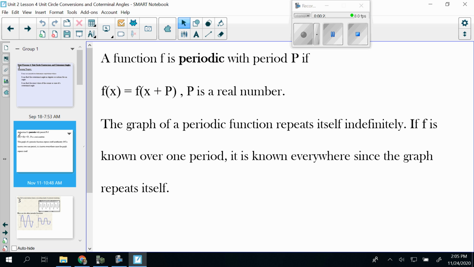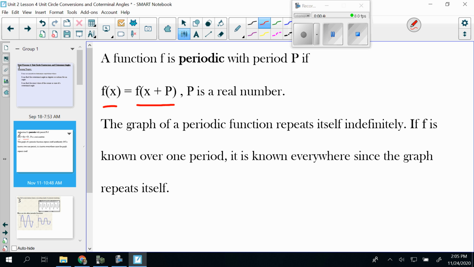All right, so a function is considered periodic with a period p if your function at x is equal to the same function evaluated at x plus p, where p is a real number.